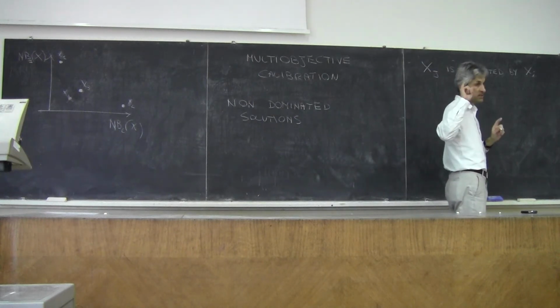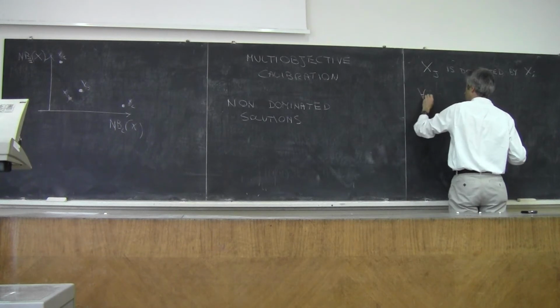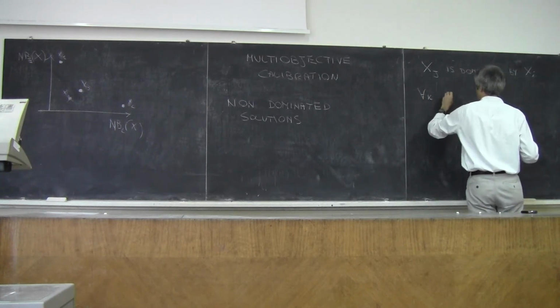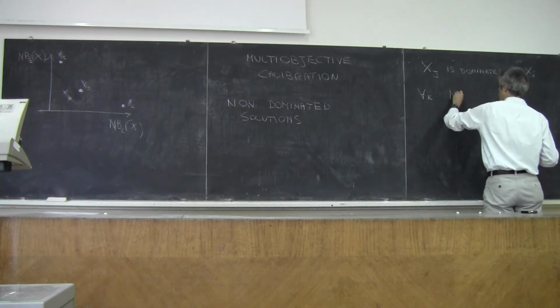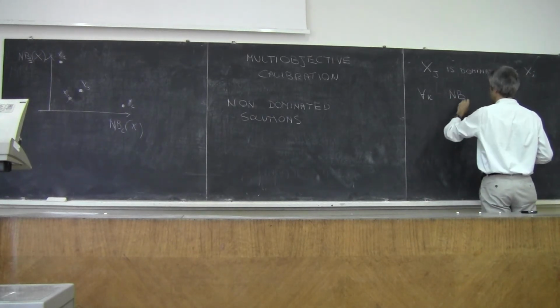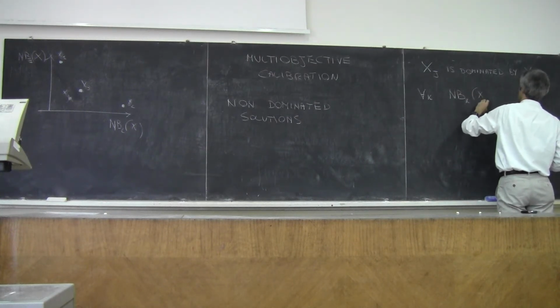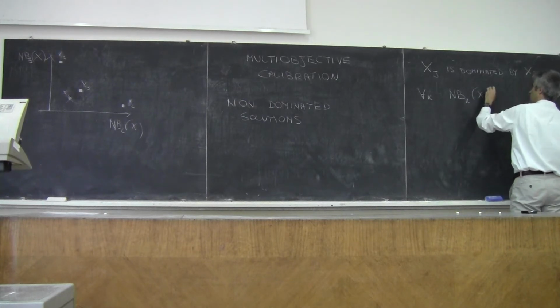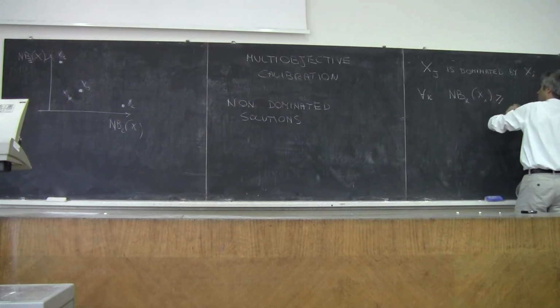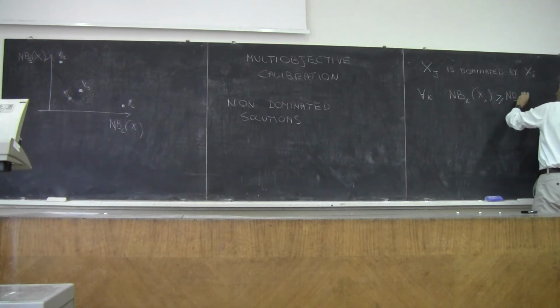Two conditions must be met. First, for each k, it should occur that the benefit k of xj is lower or equal than the benefit k of xi.